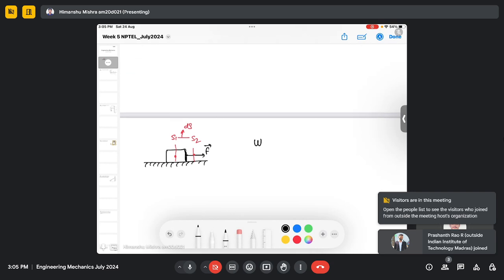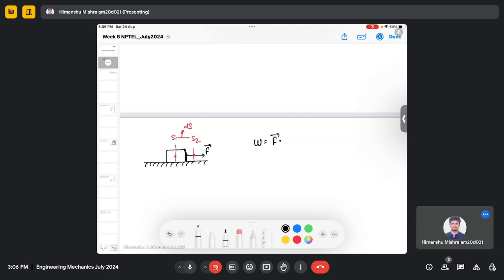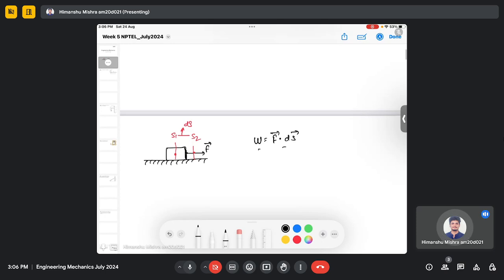Here the work done is given by the force vector and the displacement vector. Work done is a scalar quantity, given mathematically as the dot product of force and displacement.